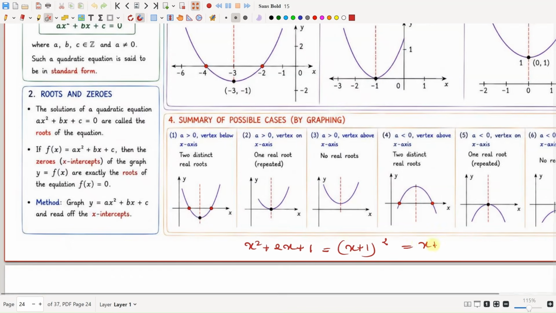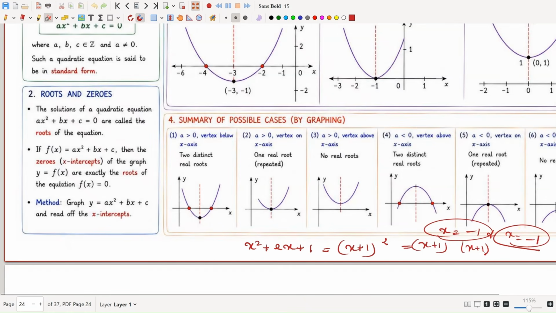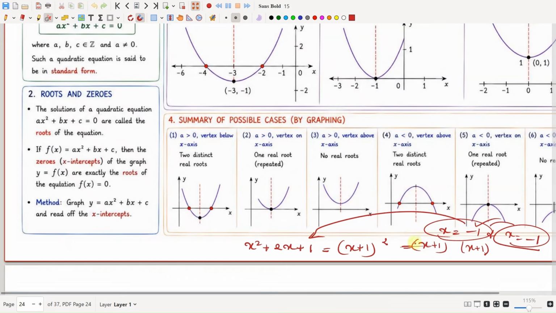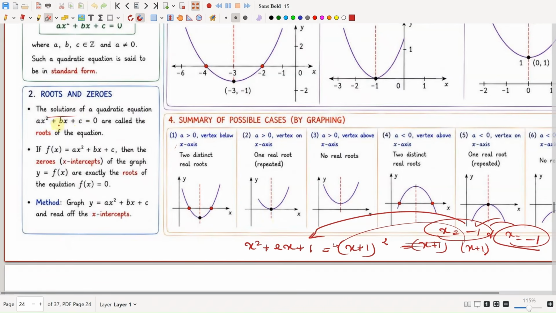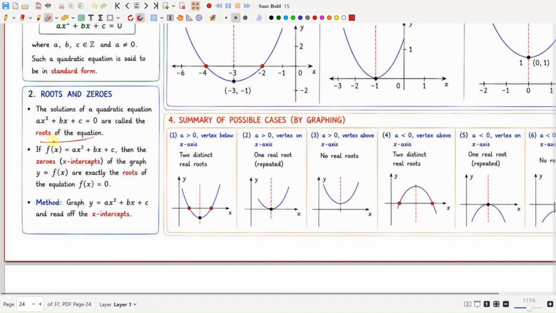Which means x plus 1 into x plus 1, which means x is equal to minus 1 and x is equal to minus 1. So these are the roots of this quadratic equation. The solutions of the quadratic equation are called the roots of the equation.